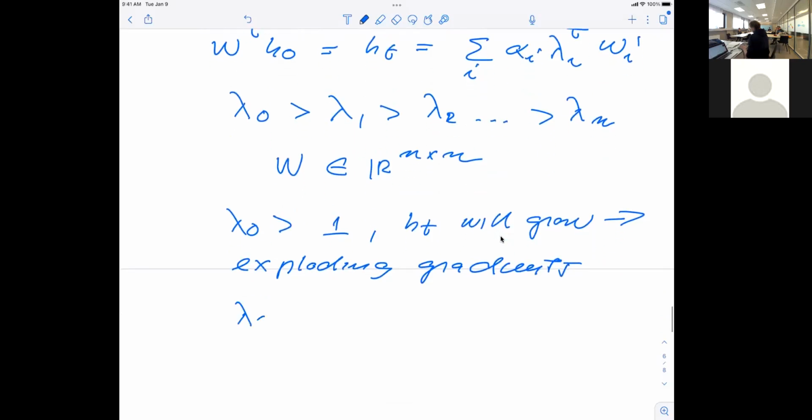And if lambda 0 is less than 1, then h of t will clearly, as t increases, start vanishing, will diminish. And this normally leads to the problem of vanishing gradients.